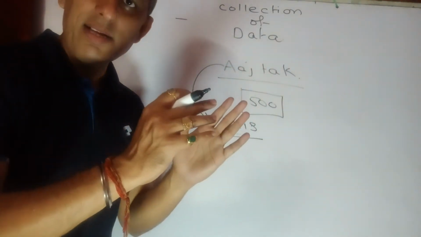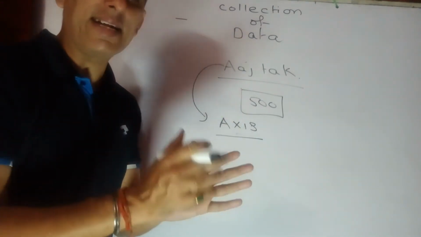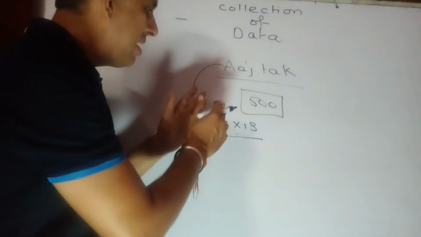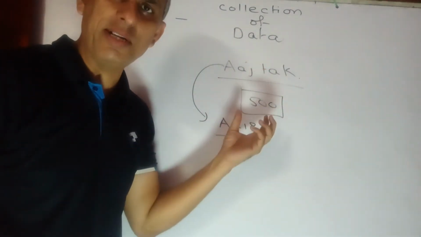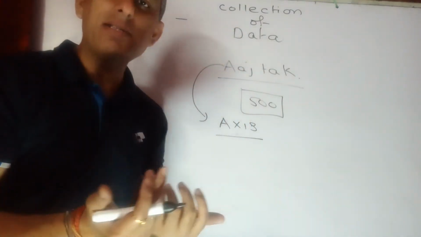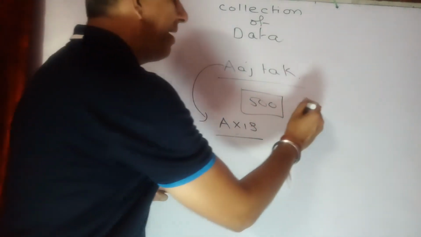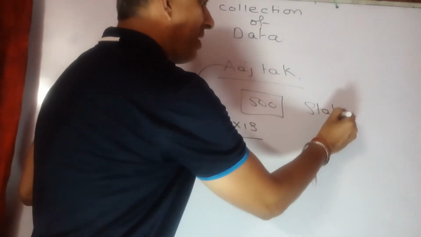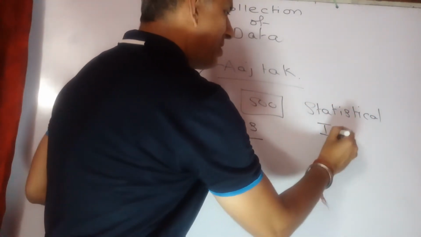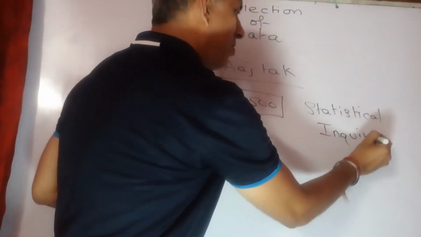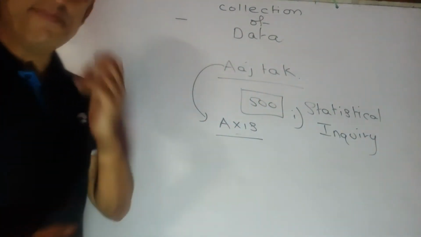So whatever information is quantitatively collected by Access on behalf of Aaj Tak, from these 500 respondents conveying their sentiments about the polls, can be taken in statistical language as an example of what we call statistical inquiry. This entire process is statistical inquiry.